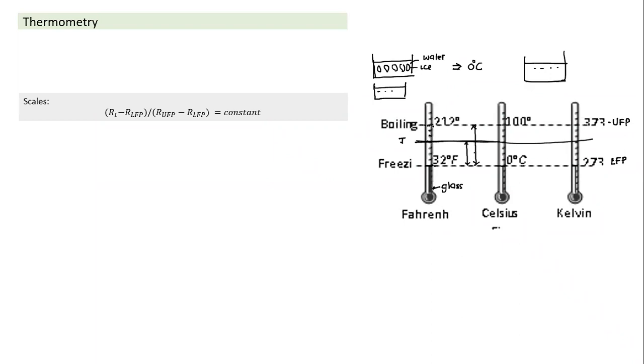That's also used for conversion from one unit to another. Suppose it is centigrade: at temperature T, I have a reading RC here, and in Fahrenheit, I have a reading RF here.